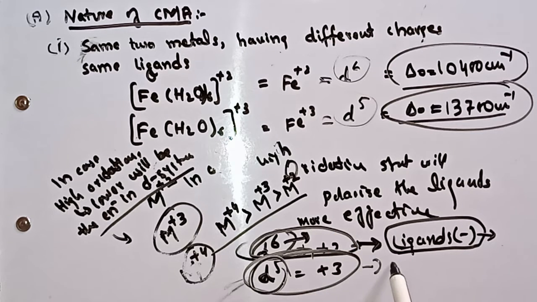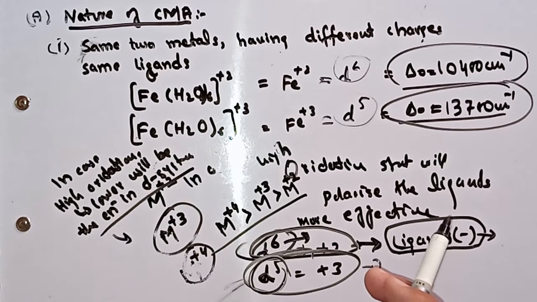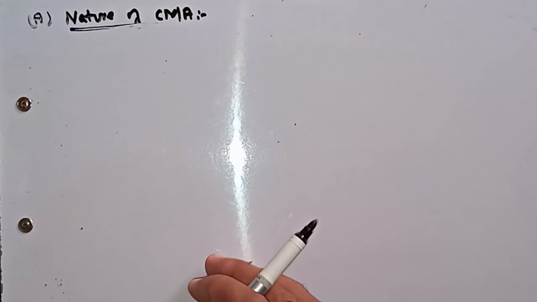This is the reason why del naught directly depends upon the oxidation state. Is that clear? You can also take a screenshot from this lecture. I'm going to clean the board, so you can take a screenshot or rewind. Okay, thank you.